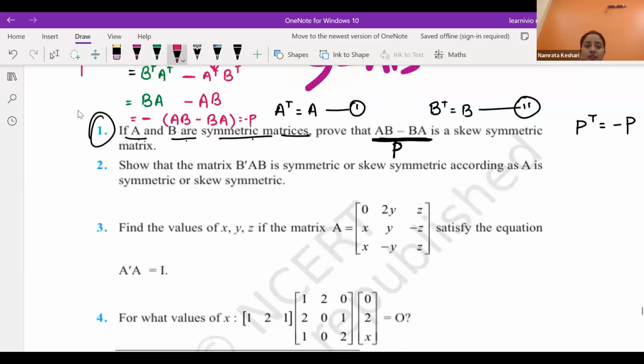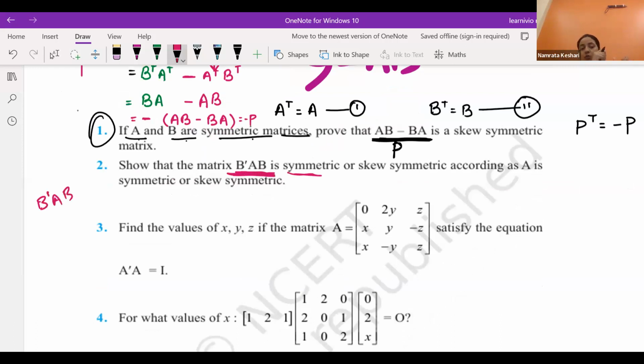Show that B transpose AB is symmetric. We have to show that it is symmetric. You can name it if you get confused with this.